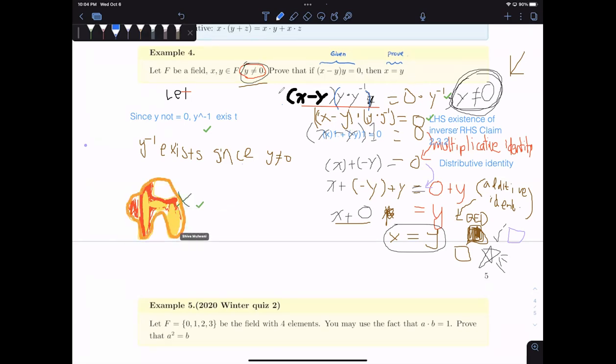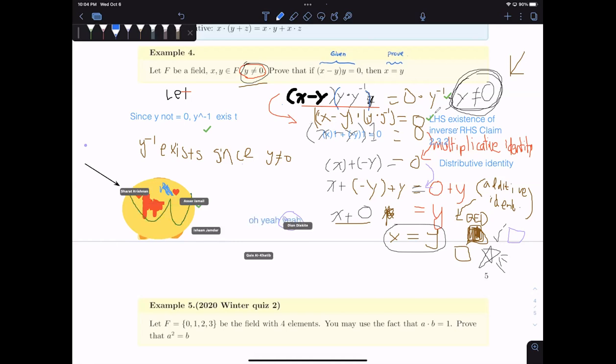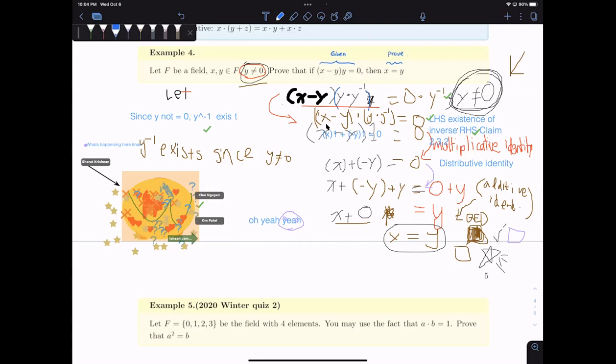Okay, so from this step to this step, what did we use? Claim 2.3.2, exactly. Nice. Oh, someone wrote it here. Sorry, I didn't catch that. It's too messy. That's great. And we have x minus 1.